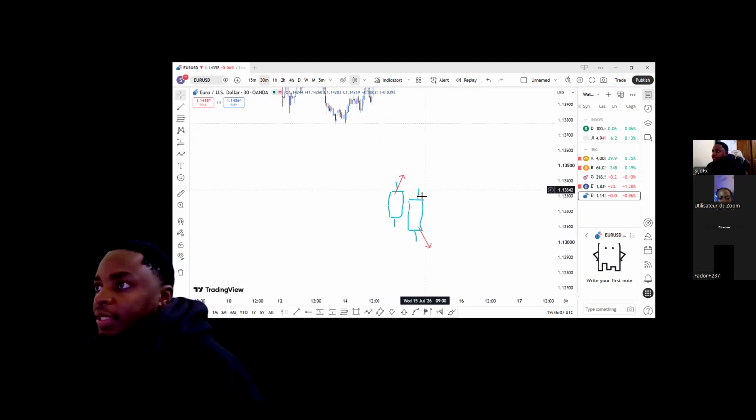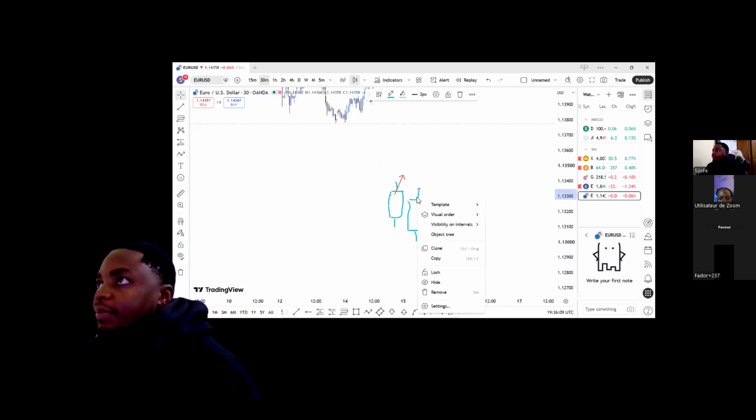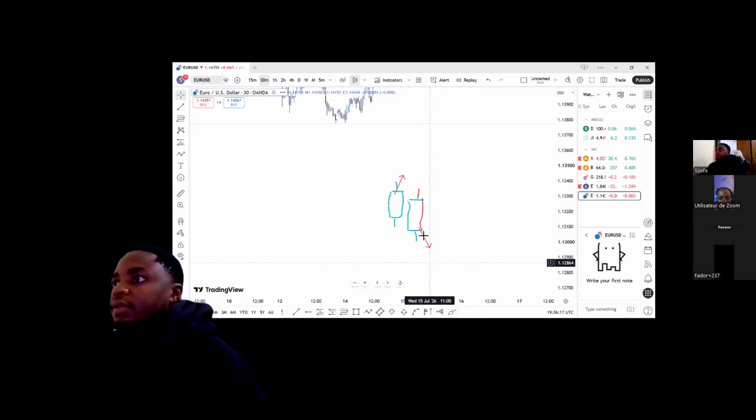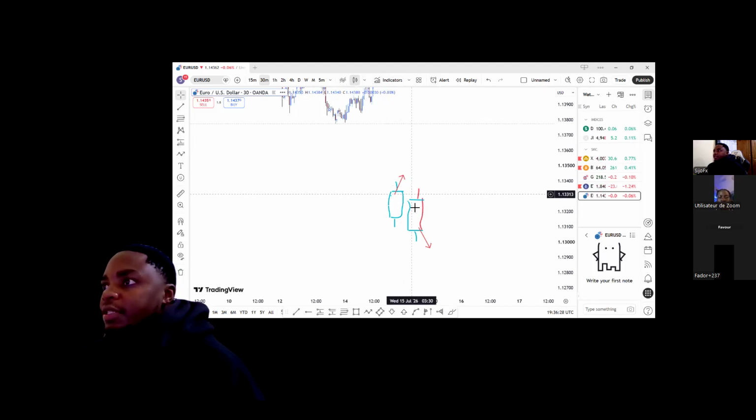So to make it easier, let me mark this one red. It's just a first class, so it's not going to be hard. Just know these two candlesticks, how to differentiate them.